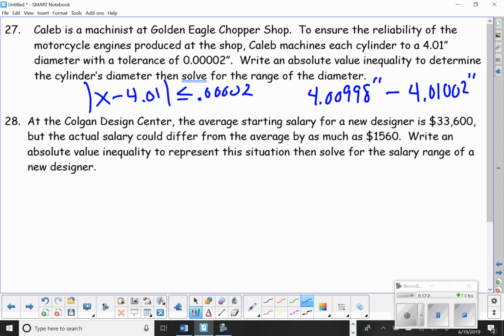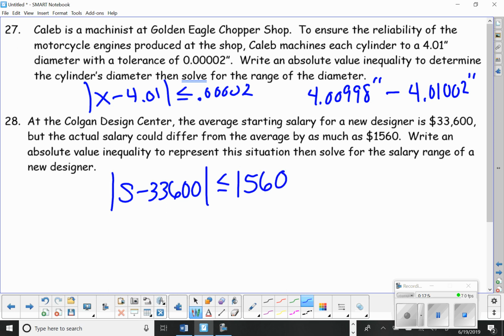Number 28. At the Colgan Design Center, the average starting salary for a new designer is $33,600, but the actual salary could differ from the average by as much as $1,560. Write an absolute value inequality to represent the situation, then solve for the salary range. Well, your salary minus the $33,600 has got to be less than or equal to $1,560.